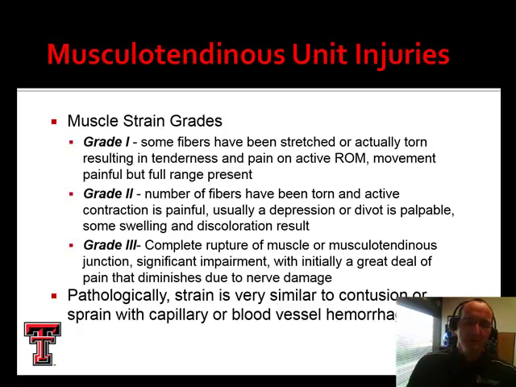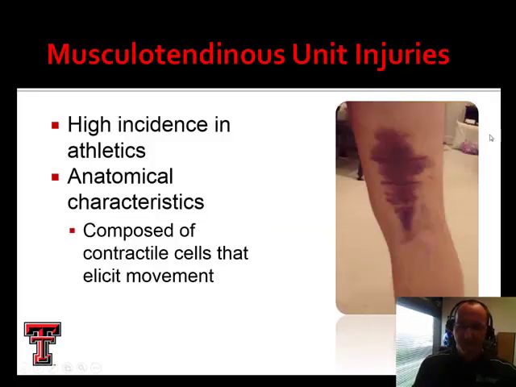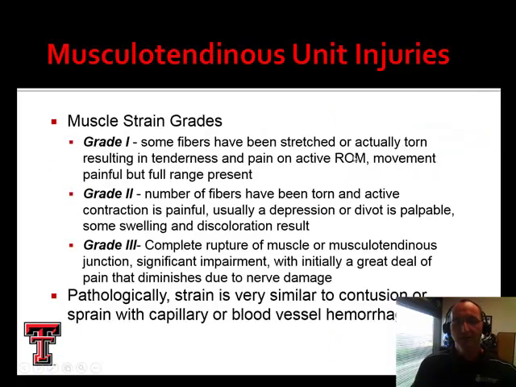With a grade 2, we've got actual fiber tearing, active contraction is still painful, maybe even more so, and there's usually a palpable deformity here between one side and the other. Something like this hamstring strain we see here, where they've got significant bruising, is probably a grade 2 or beyond. With a grade 1, we rarely, if ever, will have significant bruising like that would tell us there was significant tearing.